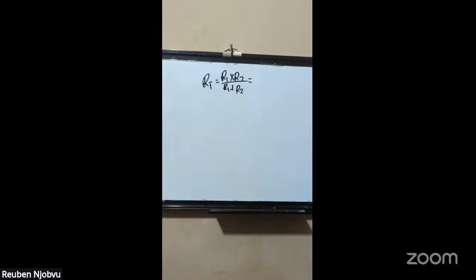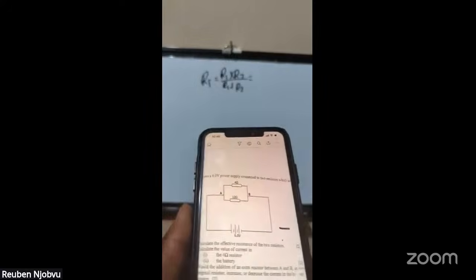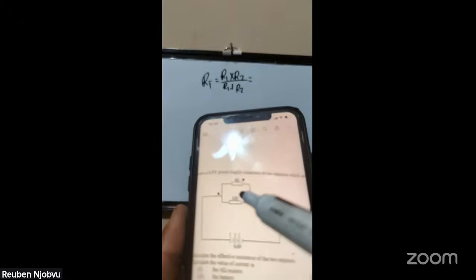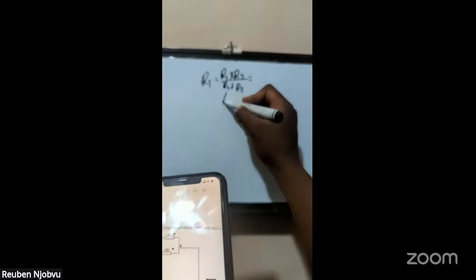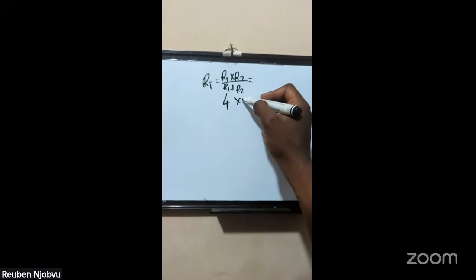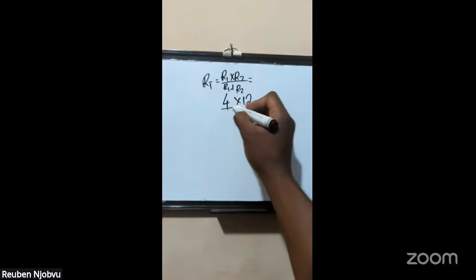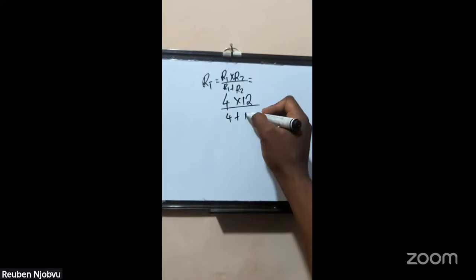What is resistance 1? Okay, found it. So this is the question, 4 and 12. So resistance 1 is 4, times 12, over resistance 2, 4 plus 12.